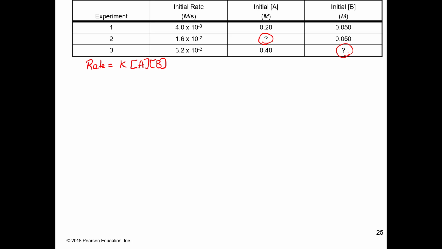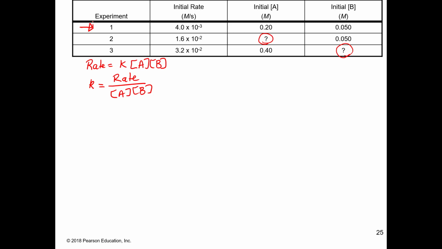And I have information where I can figure out k, because k is going to equal the rate divided by the concentration of A times B. So I have to look up here, and as long as I have one experiment that has all those three things in it, I can figure out what k is. And if I know what the rate constant is, then I can just solve for whatever the unknown is.